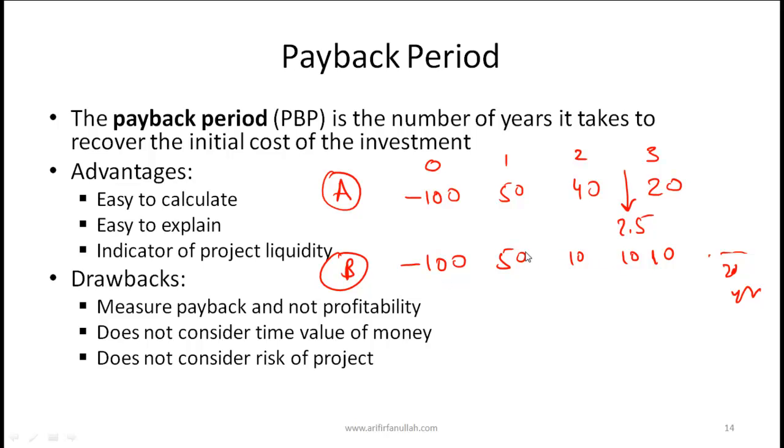If we are simply using the payback period method, project A will be selected. However, given that we are getting these $10 for a much longer period of time, the profitability of project B is much more. So based on this example, you can understand the advantages as well as the drawbacks of the payback period.